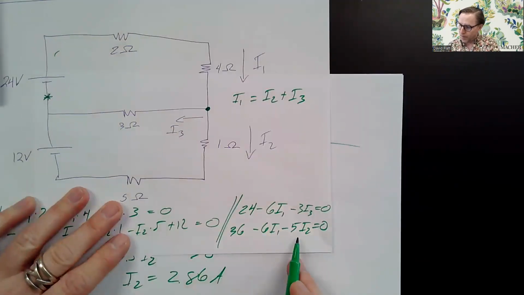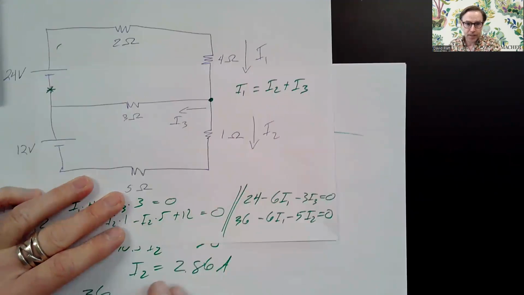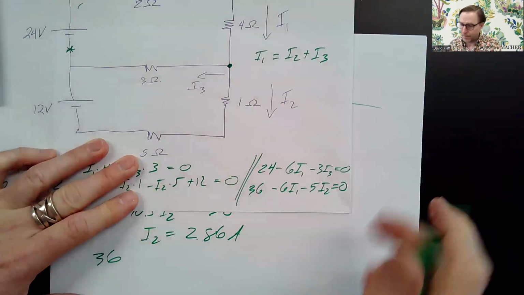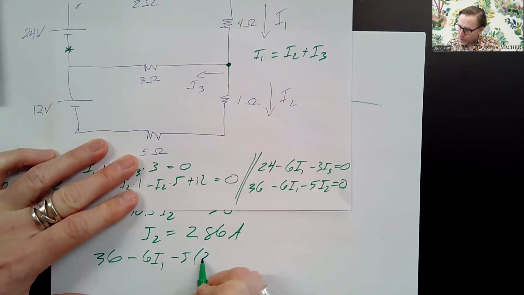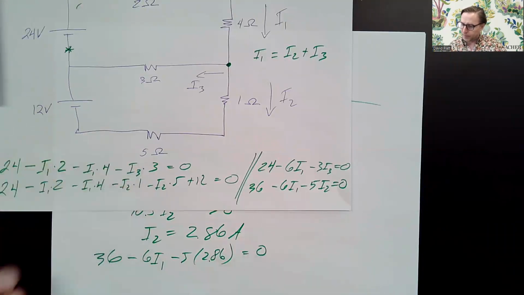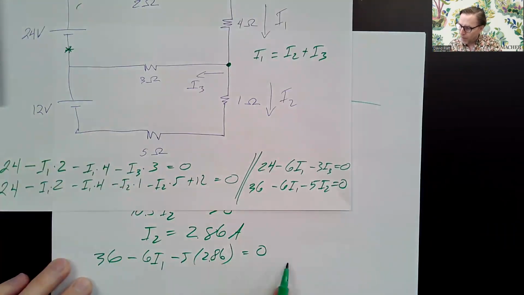So let's see, I2, let's go here. 36 minus 6 I1 minus 5 times 2.86 I2 equals 0. I'm going to move I1 to the right.